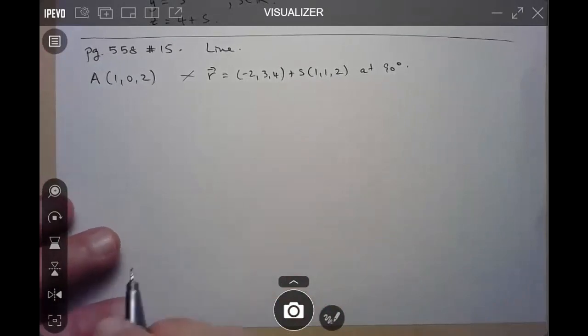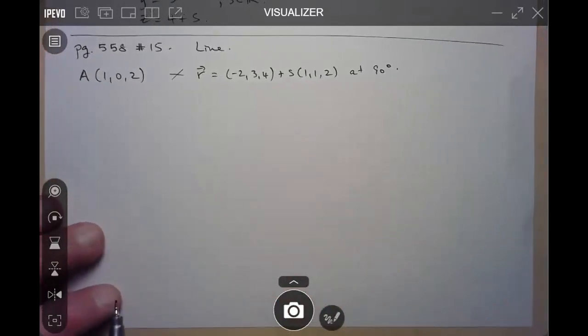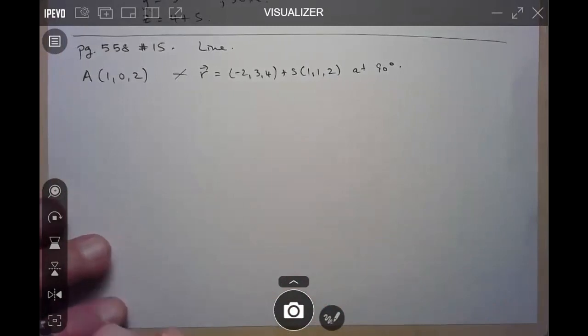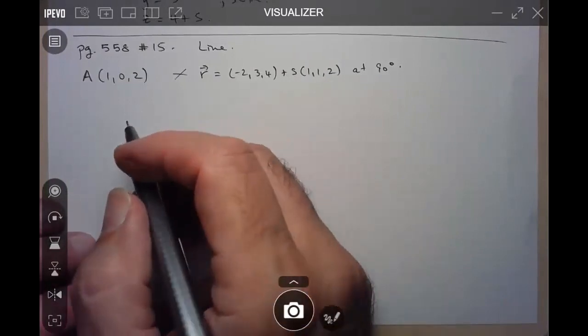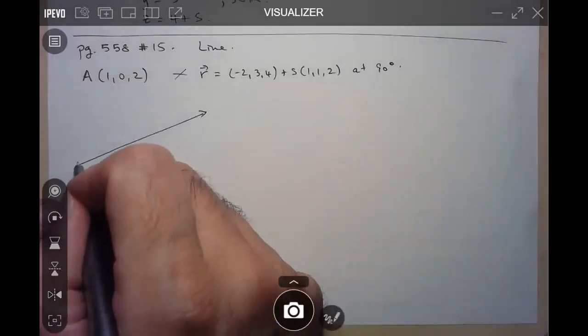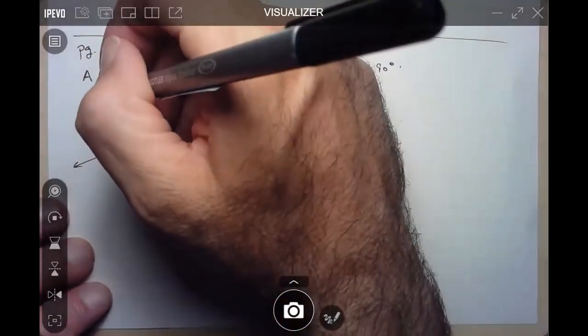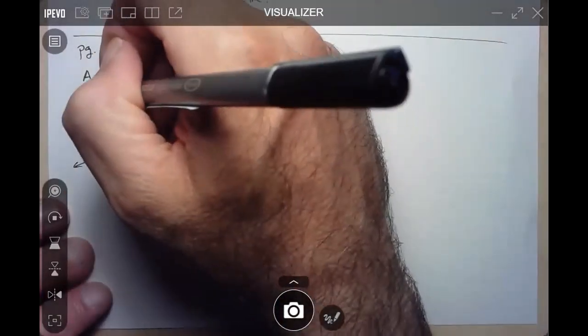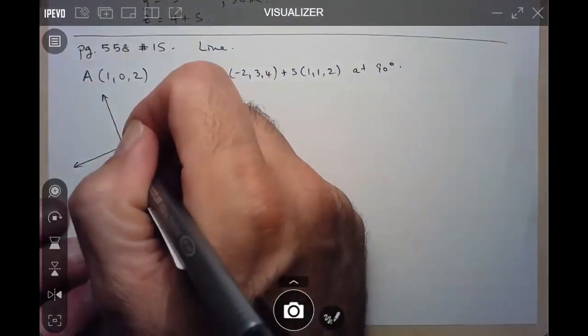And so this is where, as I keep suggesting over and over again, if you get something that's a little tougher, really try to use a diagram to lead you here. So what I've got is this line here, and the line I'm looking for, which intersects it at a right angle.